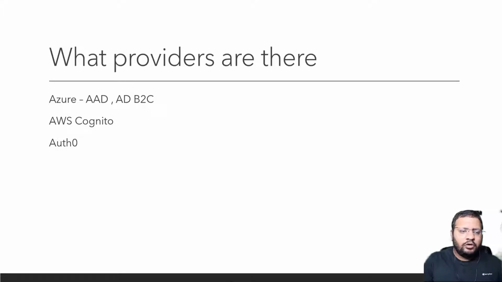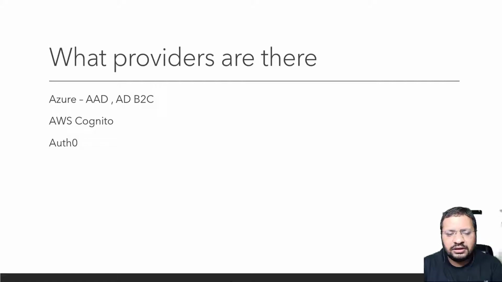Now coming to the solutions, we will be discussing 3 prominent solutions. From Google, there is Firebase, but we are not going to discuss that in this series. Basically, we will cover Azure, which has 2 variants for different use cases: Azure AD, which is for enterprise users, and Azure AD B2C, which is for the end users of your application, where the applications are end-user or client facing.